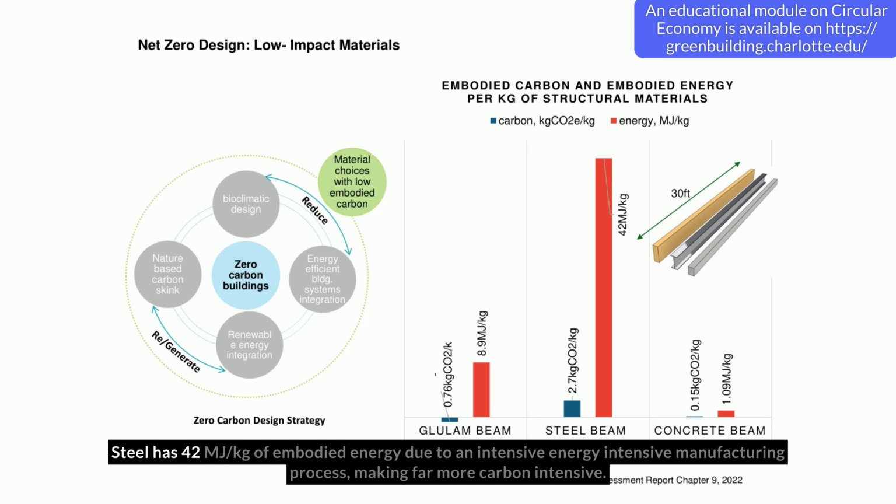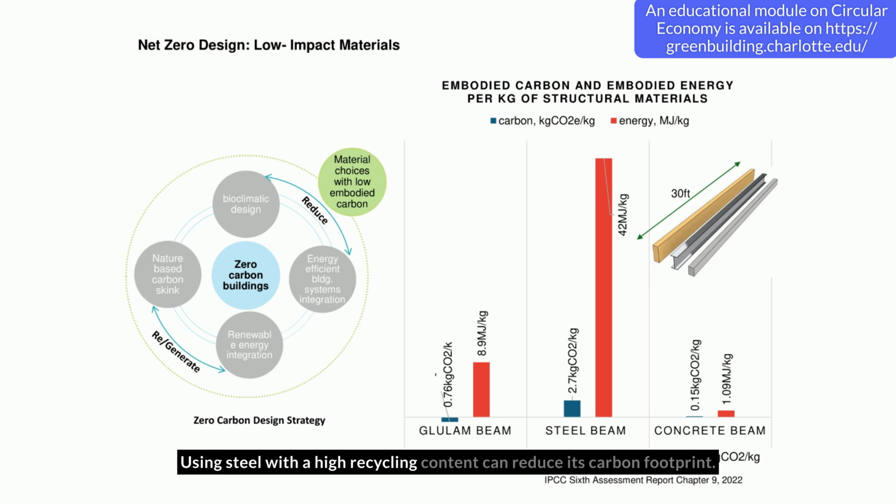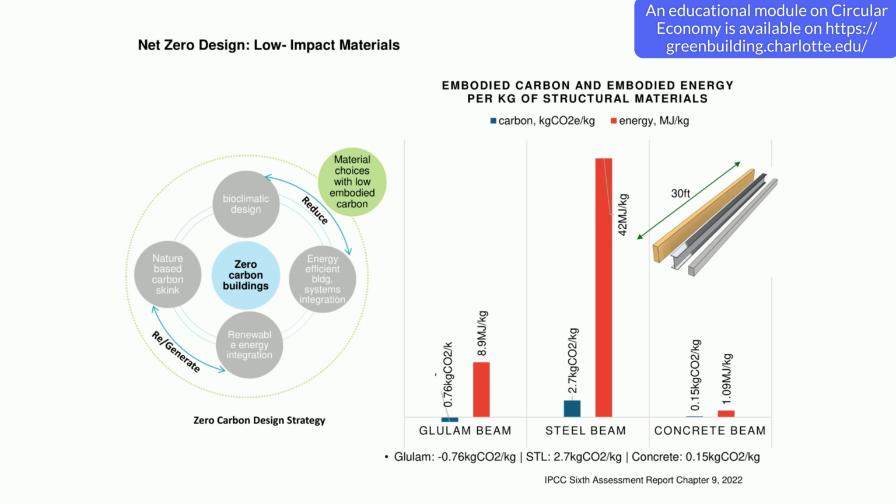Steel has 42 megajoule per kilogram of embodied energy due to an energy-intensive manufacturing process, making it far more carbon-intensive. Using steel with a high recycling content can reduce its carbon footprint. Concrete materials are around 1.09 megajoule per kilogram.